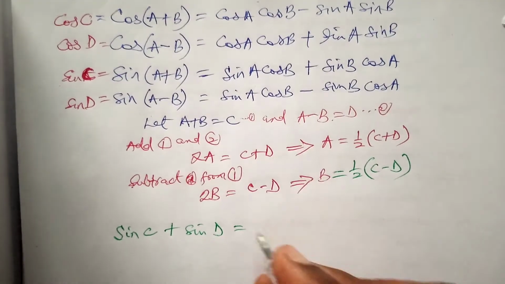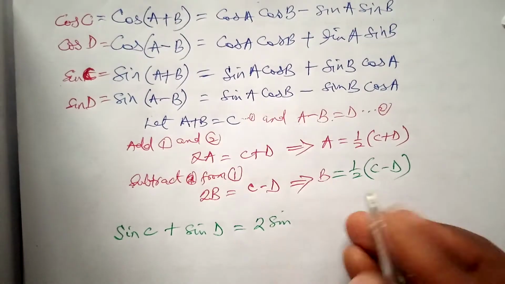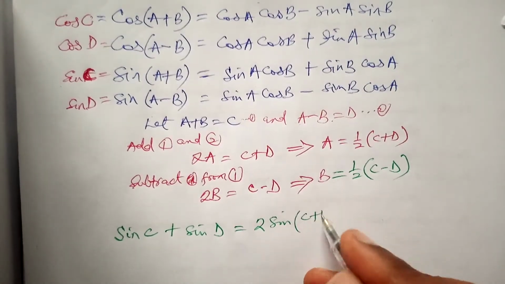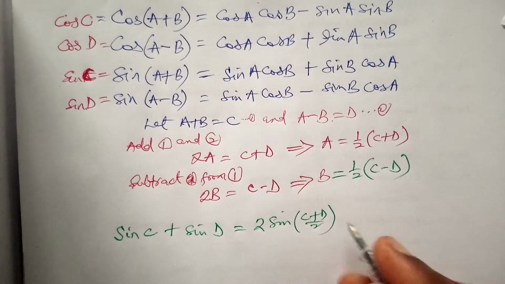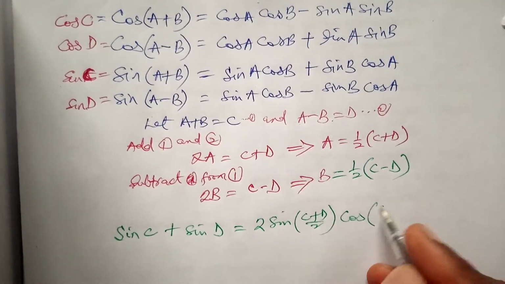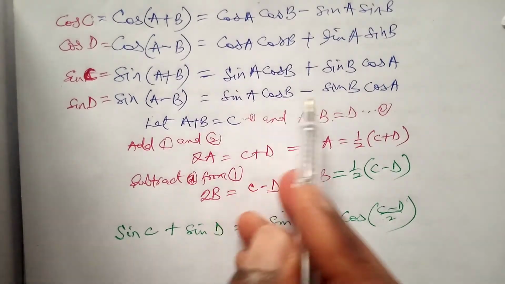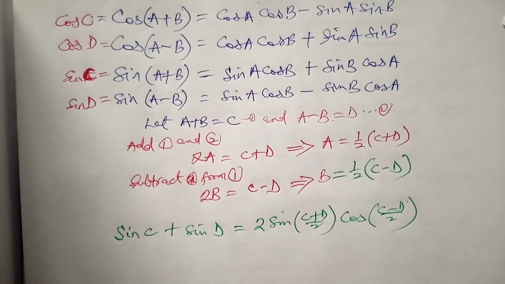So we will have 2 sin of (C plus D over 2) cos of (C minus D over 2). That's what we are going to have.